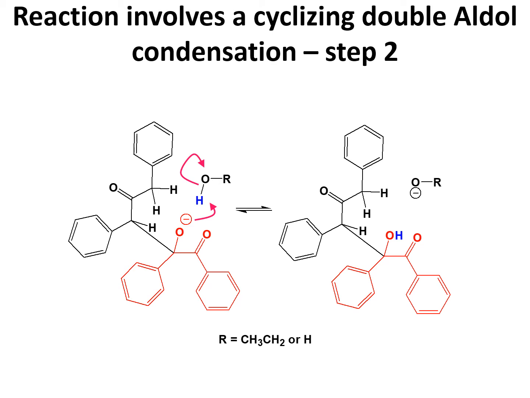In the second step, the opened oxygen negative charge takes a proton from the solvent that will be used in this reaction and becomes an aldol. This is actually a compound that has alcohol and aldehyde characteristics. That's why it's called aldol, right?